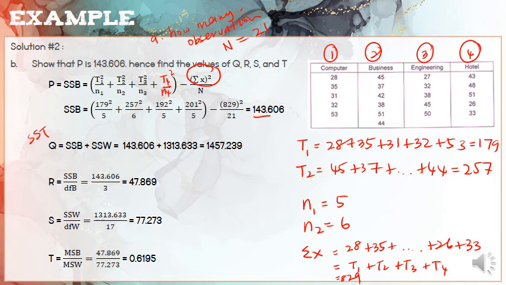R is your MSB, where MSB is SSB divided by the degrees of freedom for B, between, earlier. S is MSW, and T is your F. Okay, so this is the value of F that you calculated. Do it step by step, insyaAllah you can answer. Okay, the questions are the same. Just make sure that you are not careless.